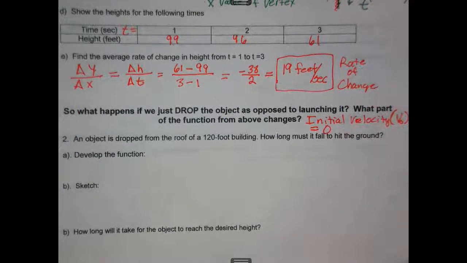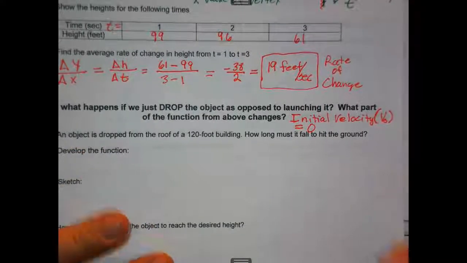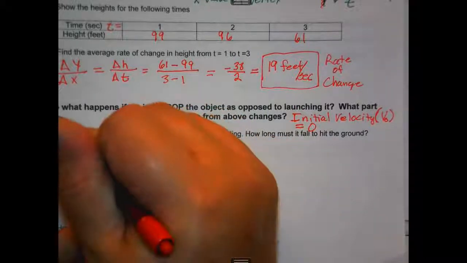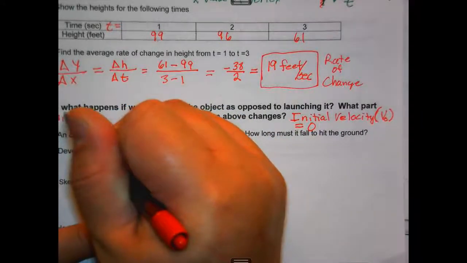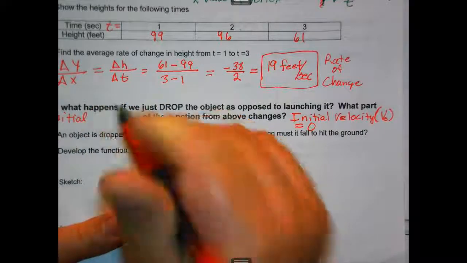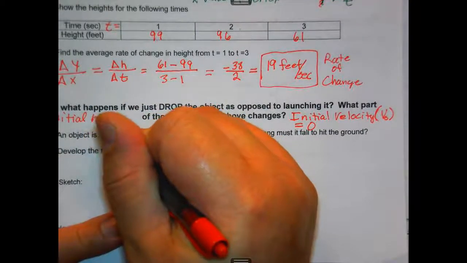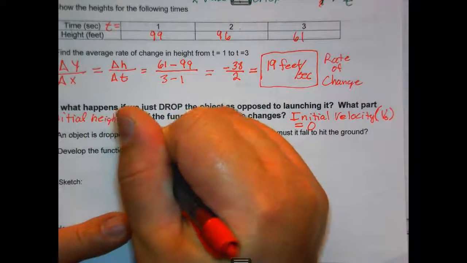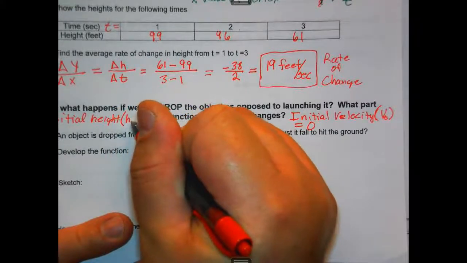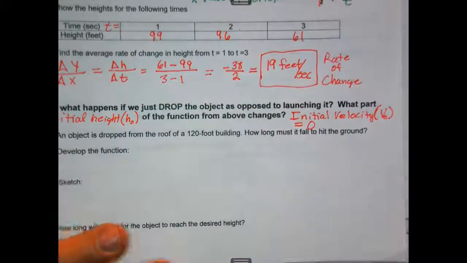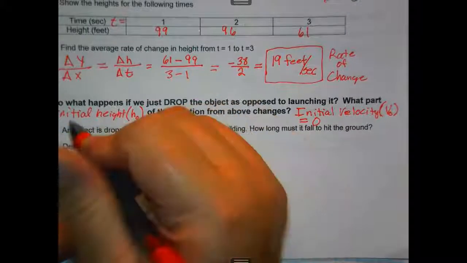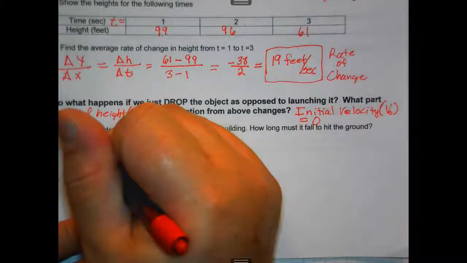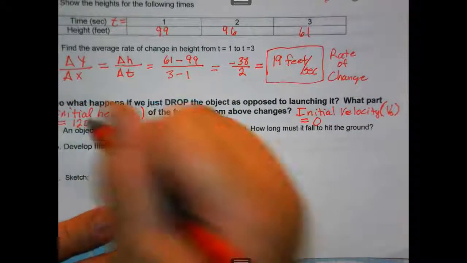What else is going to be changing here? The initial height is going to be different. Initial height, represented by h of 0 or h naught or however you want to say it, is going to be 120 this time.